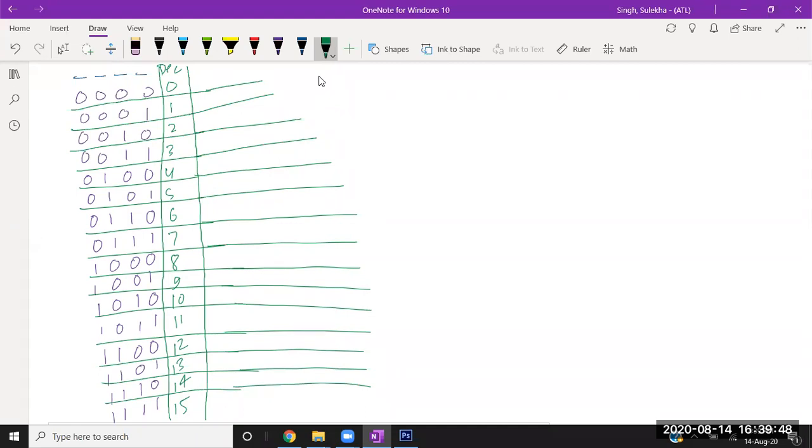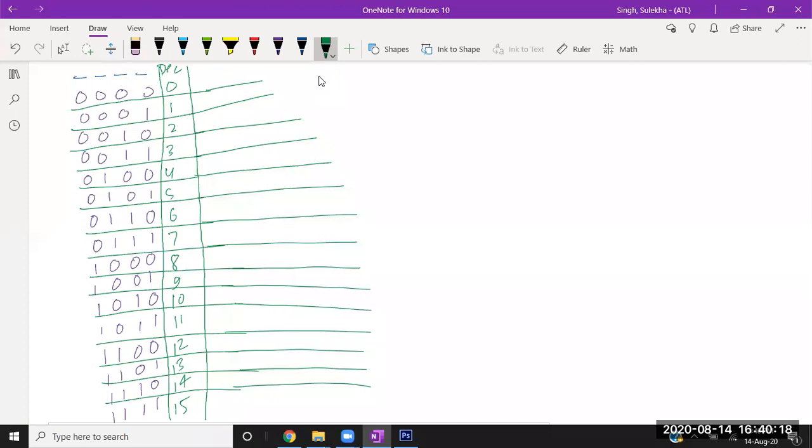Now, I want to divide this whole 4-bit number space, because with the help of 4 bits I can't give any new number, since all the possible combinations of 0 and 1 are there in this set. You can't name any new number which is not in this set. So these are all 16 combinations with 4 bits.